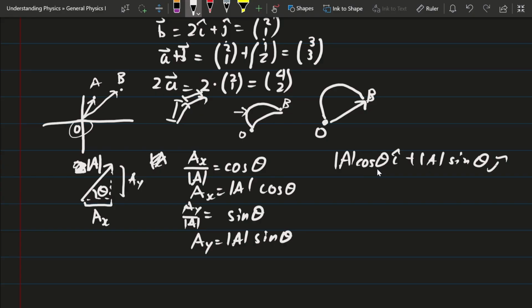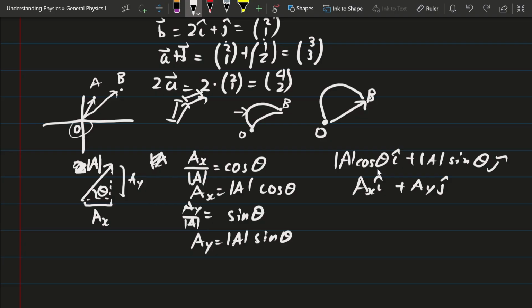And so how do you convert from this into the other state? Well, it might be a little bit tricky, so let's state this to be AX i-hat and AY j-hat. In this case, we could figure out the length only by knowing each of these components.